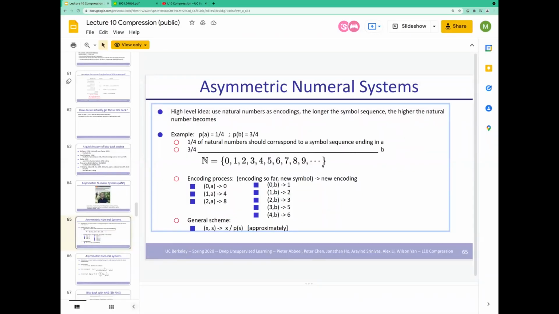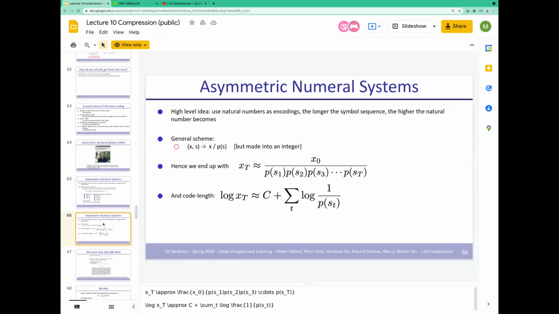And so you have an integer representation of the code as a big integer.